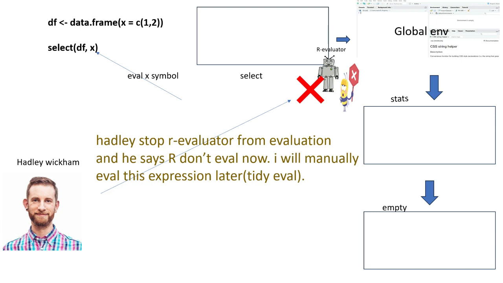Why he did that, I will explain in the next video. But all the tidyverse functions, specifically dplyr, all the dplyr functions available like mutate, select, filter, all of them use tidy eval principles. I will explain it in the next video, but here let's see.